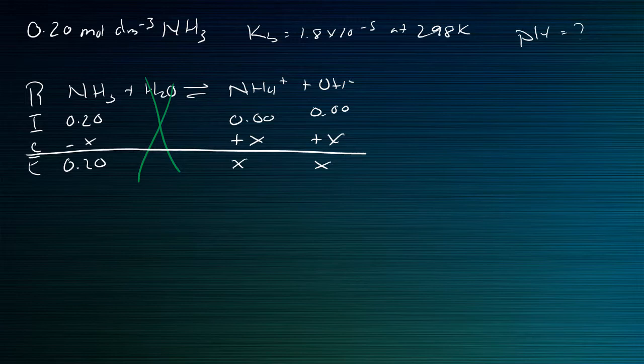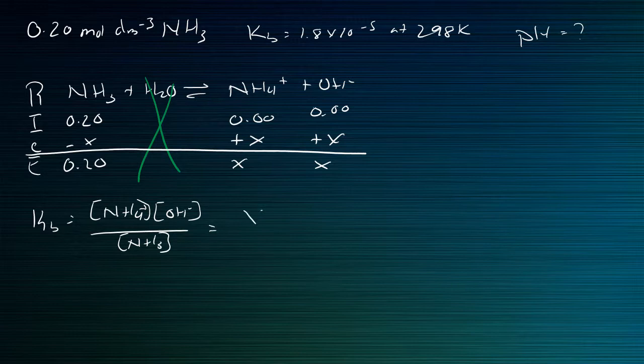All right, so now we're going to set up our Kb expression. Okay, now plug and chug. So we get x squared, because they're the same value, over 0.20, and that equals our Kb.